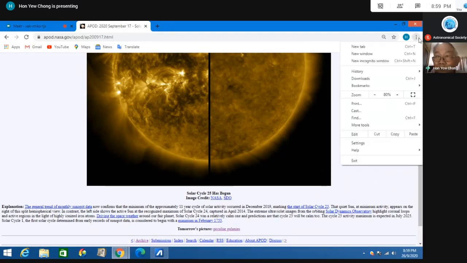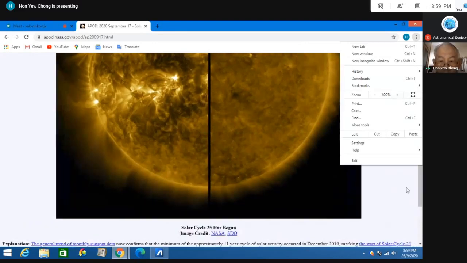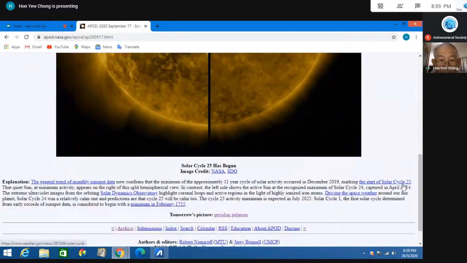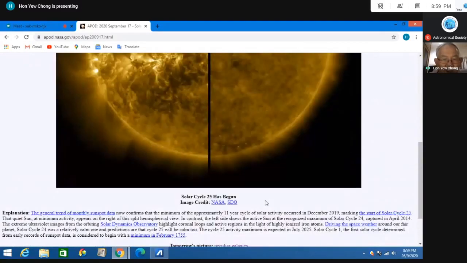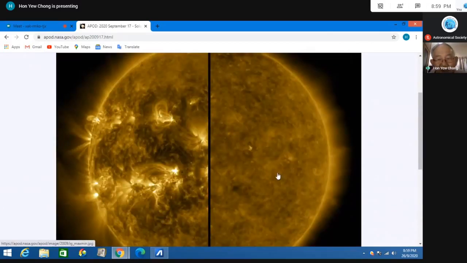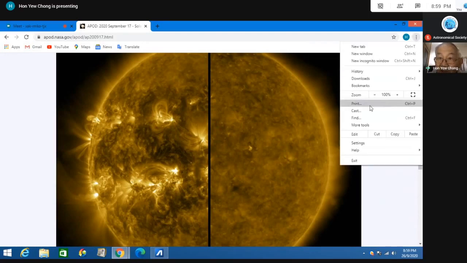Now, we'll look at the bigger picture first. Right now, they claim here that in December 2019, the sun's activity reached its minimum. You see on the right part, the sun is at the minimum.